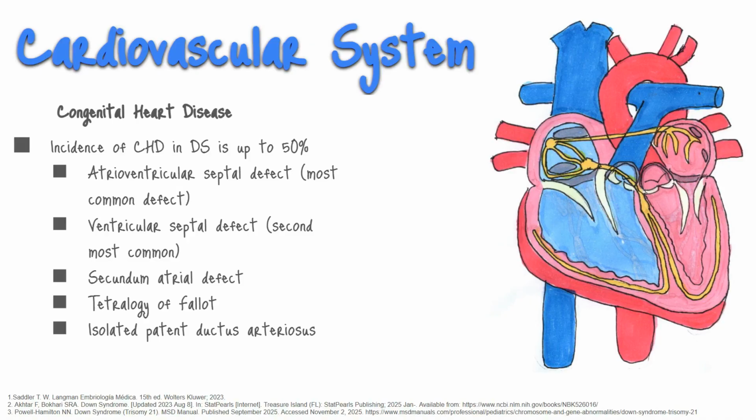If bigger, it can end up in congestive heart failure. Secundum atrial defect. This means that in this wall here, the atriums have a hole, and the oxygenated blood also goes back to the right side because there is also a shunt.